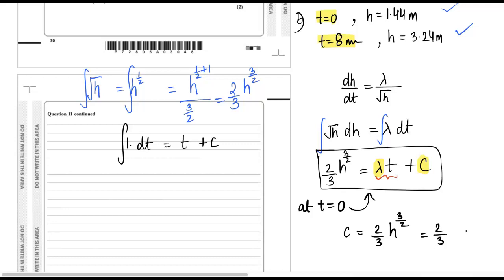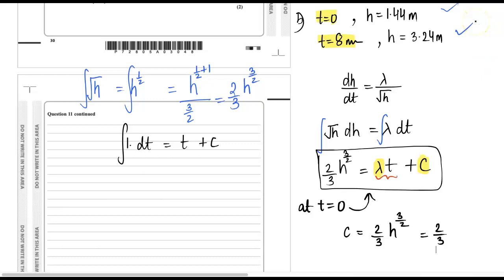Okay. So I'm substituting the value. So 2/3 of 1.44 to the power of 3 halves in my calculator, right?